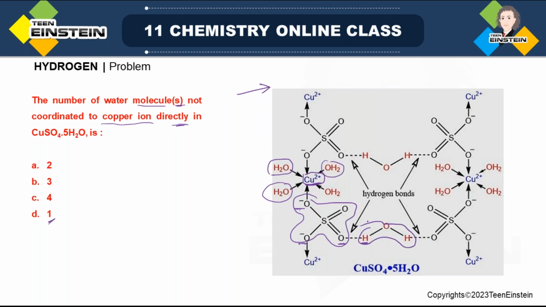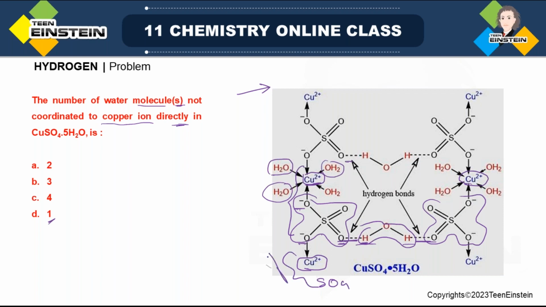And for this 5th water molecule, there is another copper 2 plus center, another sulfate. As if these two hydrogens of this water molecule are making hydrogen bonds. You can see here another water molecule's hydrogen bond. And this sulfate, which is with this copper, there is another copper 2 plus center, and there will be another sulfate here.